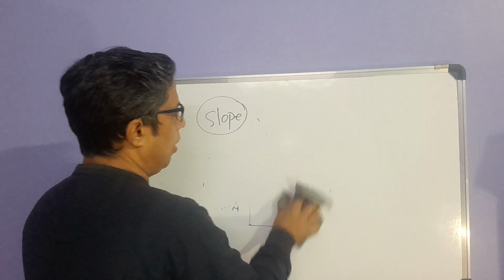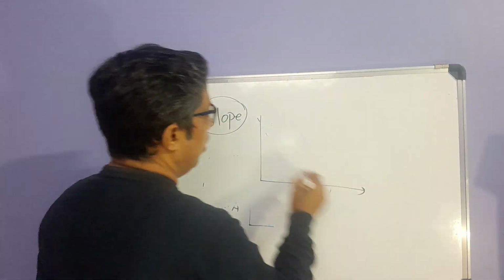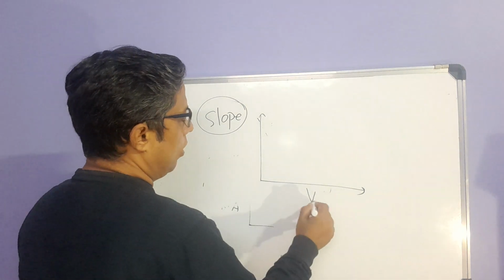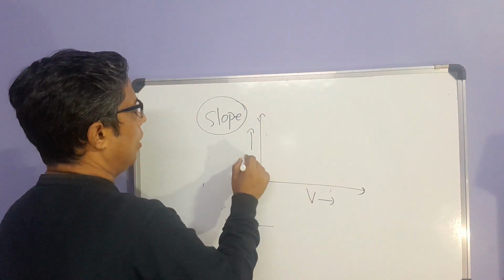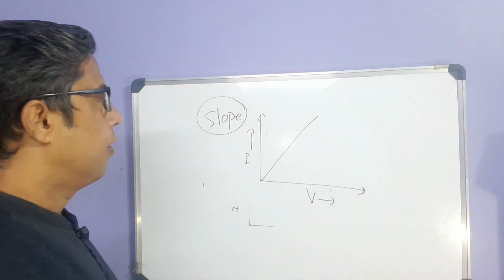So for this circuit, in the x-axis if you are taking the voltage and in the y-axis the current, let's say this is a straight line. What will happen?